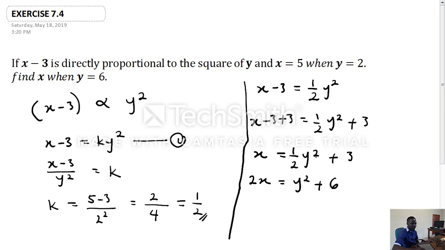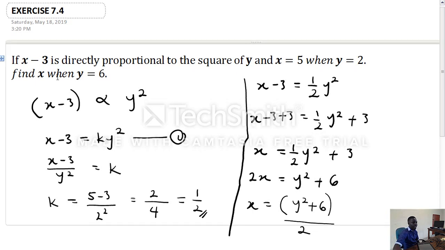Half y squared times 2 is y squared, and 3 times 2 is 6. So this is the relationship between x and y, but you can either leave it this way, or you can say that x is equal to bracket y squared plus 6 all divided by 2.